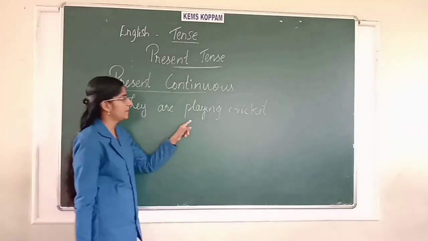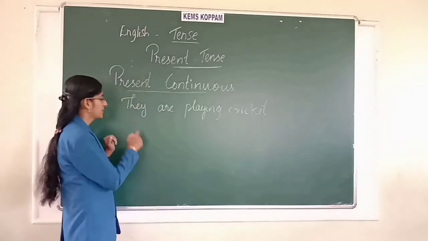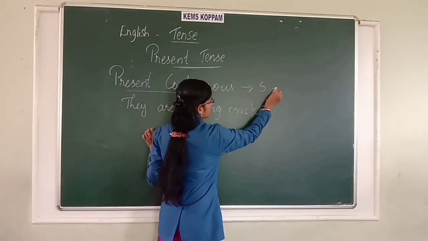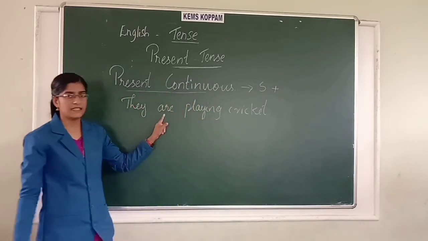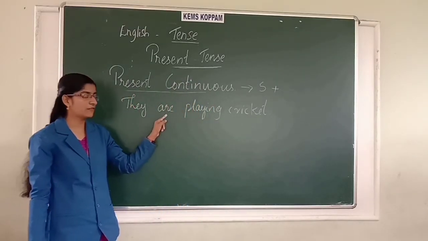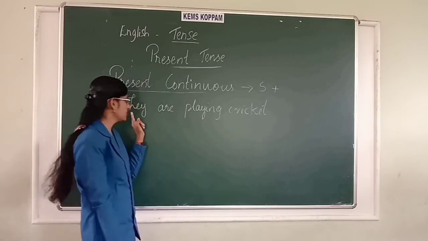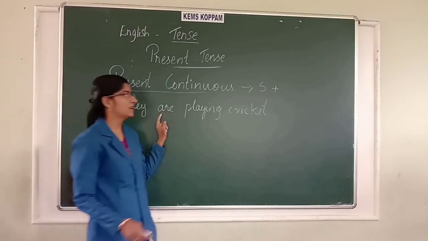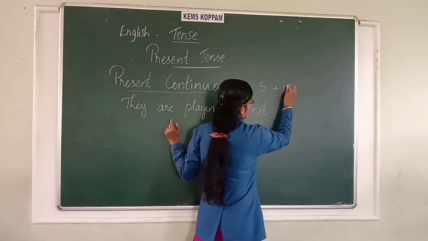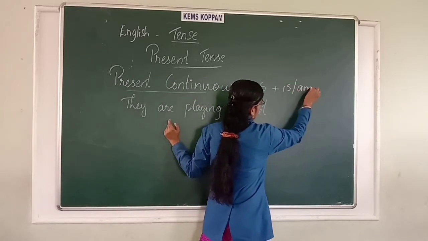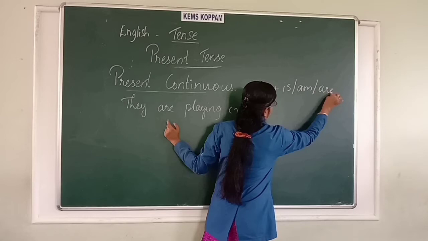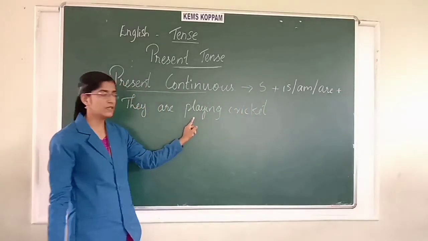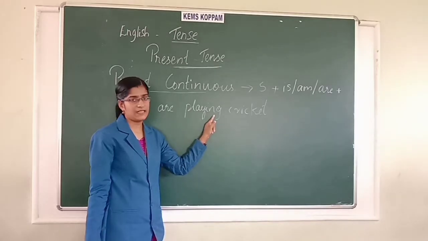Okay, they are playing cricket. What is the structure of the sentence? Subject plus, then yes, we use the auxiliary verb are because the subject is plural. Subject plus is, am, are plus we use verb with ing.